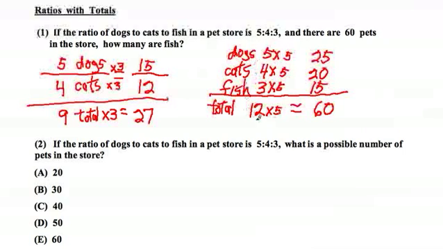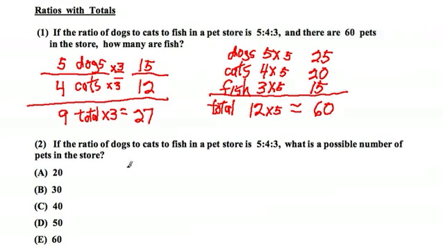You could also express this horizontally as 5x plus 4x plus 3x is equal to 60, and solve that. And you always want to take an extra second to make sure that you're giving them exactly what they want. So here they're asking how many are fish, so the answer would be 15.